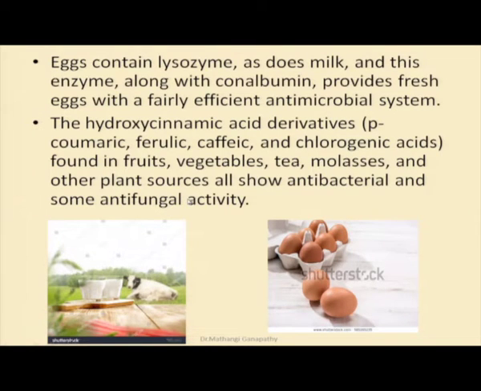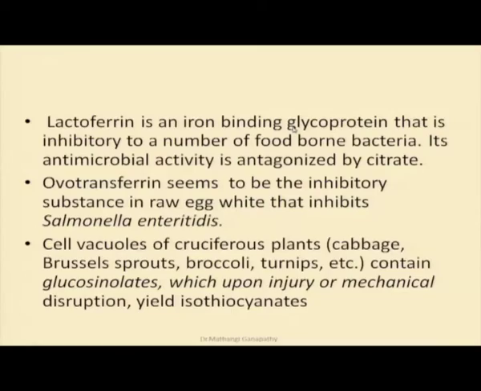So, when we look at each food aspect, for example, egg, milk, fruits, vegetables, spices, all of them contain antimicrobial components which are naturally synthesized in them to protect them against the microbial attack. In the case of milk, lactoferrin is an iron binding glycoprotein which inhibits a large number of foodborne bacteria, and it is antagonized by citrate.